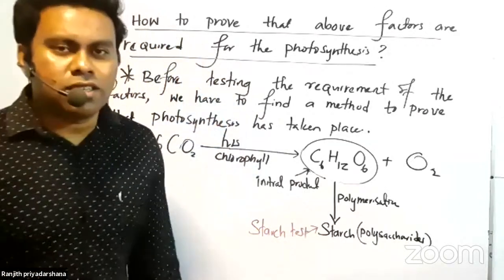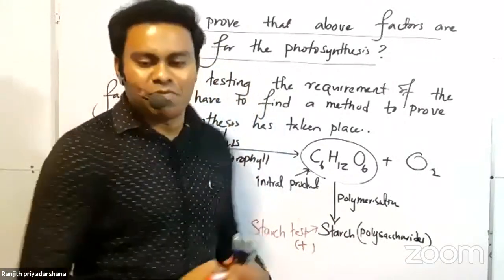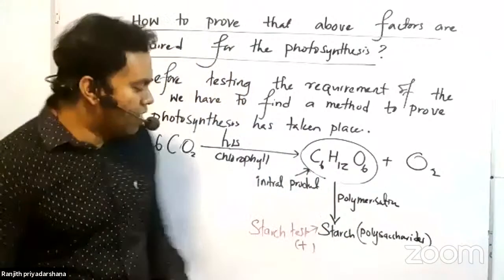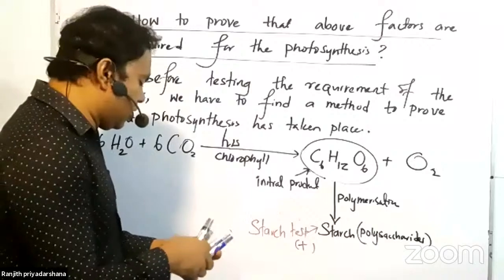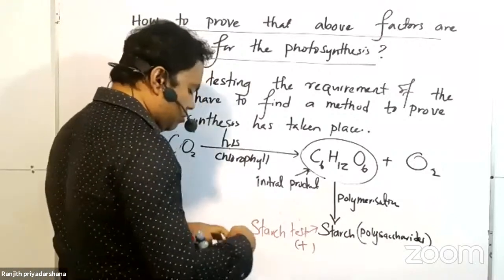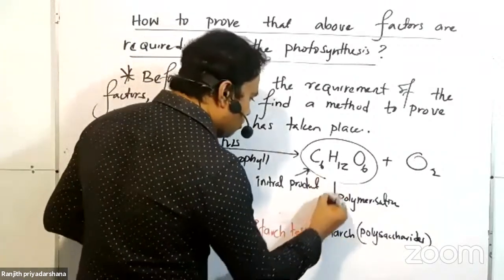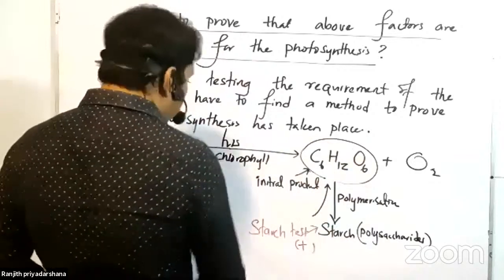If the starch test is positive, you can see that glucose has been produced.